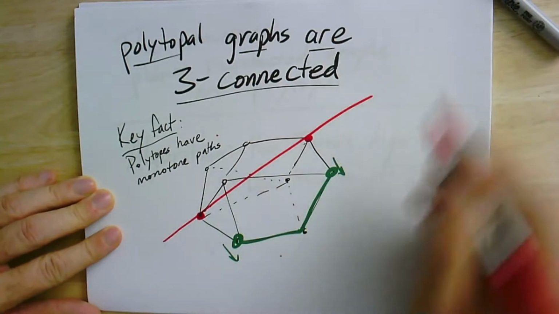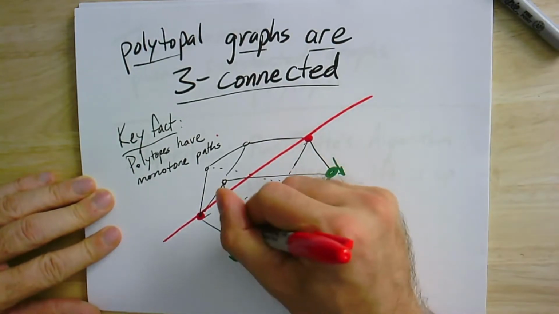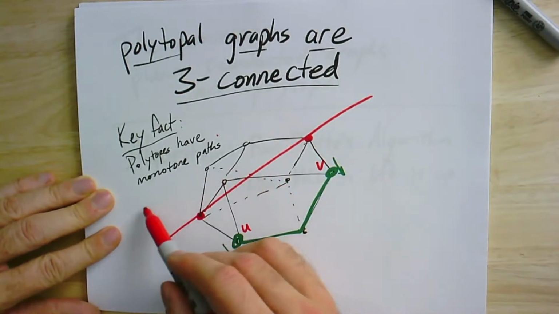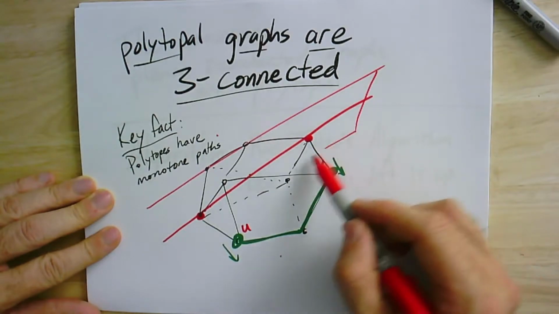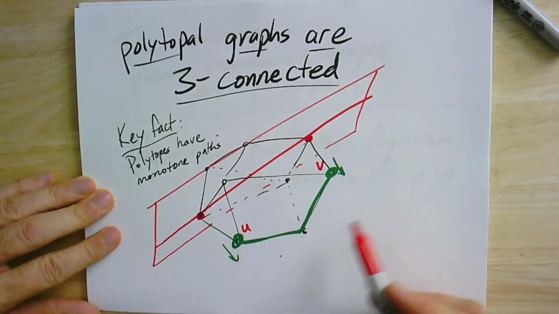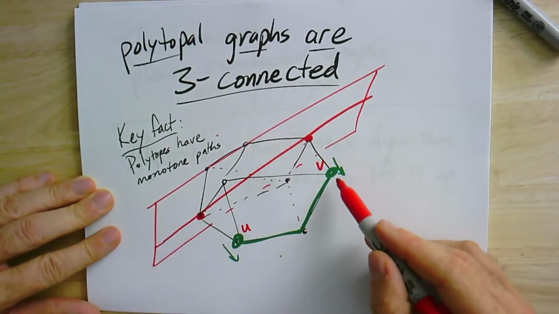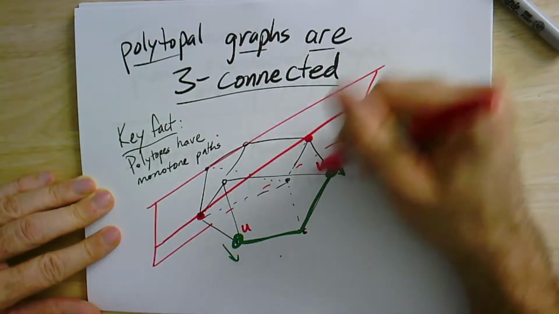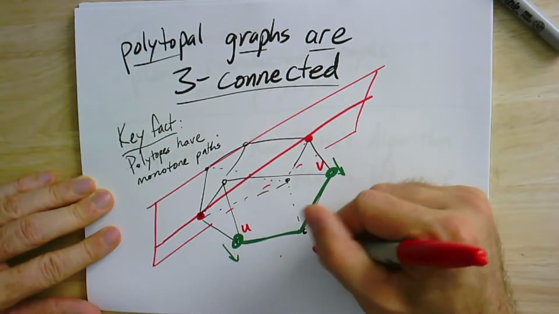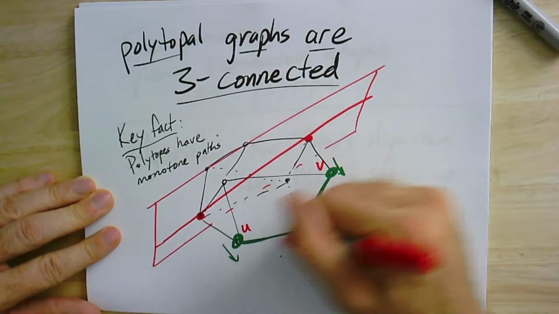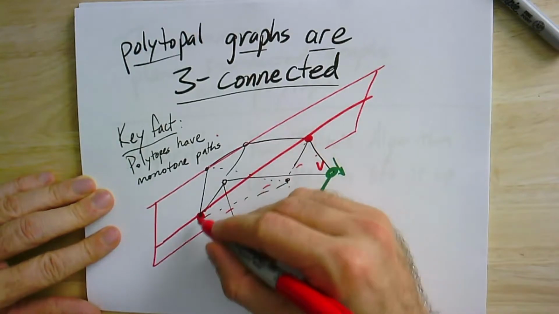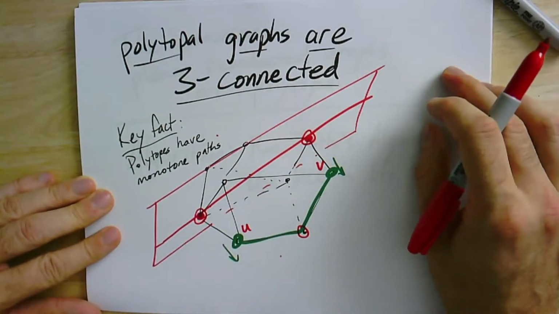I take the line through that cut, and for any other pair of vertices, so let's call this U and V, for any other two vertices, I can always find a plane that passes through this cut, actually that passes through this line here, and that doesn't separate U and V. And so if I take monotone paths away from that plane, both paths will reach the extreme point in this direction, and the concatenation of those two paths gives me a path from U to V that necessarily did not go through the cut set.